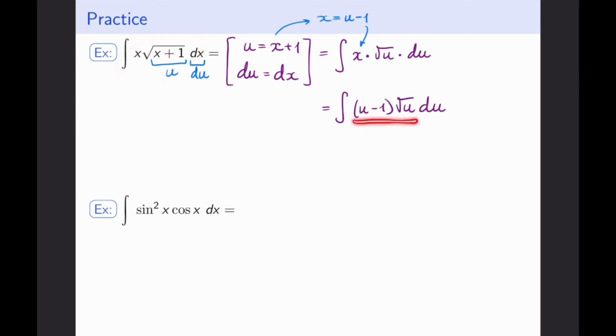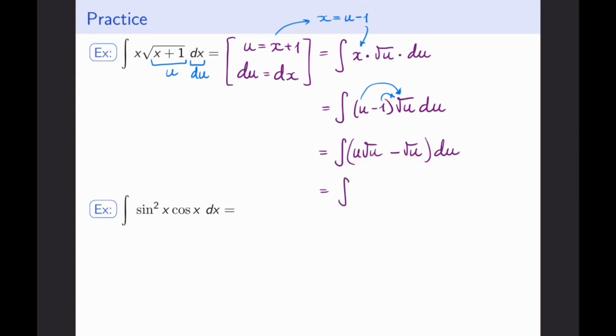This integral, however, I can simplify by opening up the brackets. So let's do just that. If I open up the brackets, what am I going to get? I will have integral of u square root u minus square root u all du. And this is really great news because I can rewrite both of these pieces as powers of u.